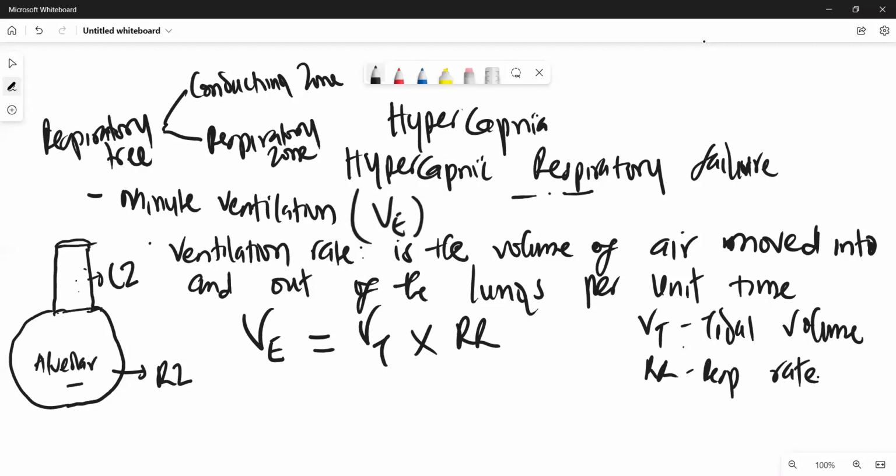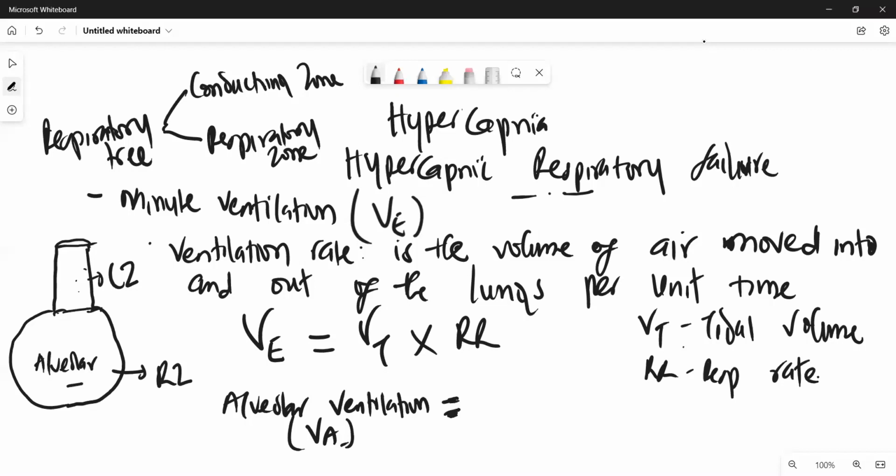If we want to calculate the alveolar ventilation, which is represented by VA, that means we need to remove the dead space from the tidal volume, because remember the whole gas that moves in and out of the lungs with each breath is our tidal volume.